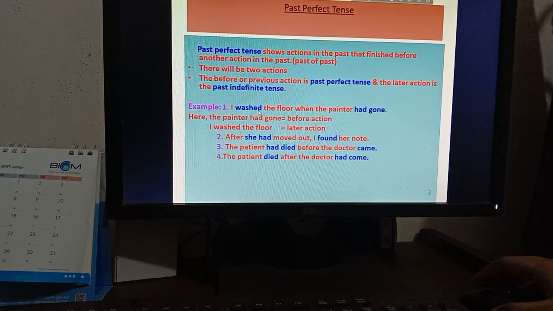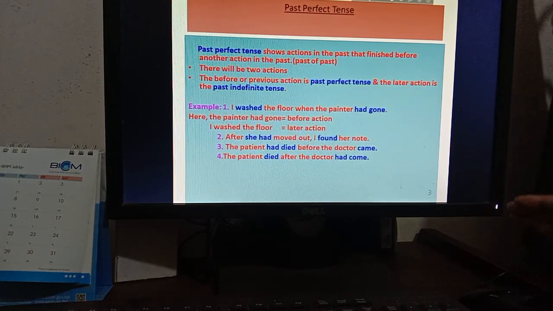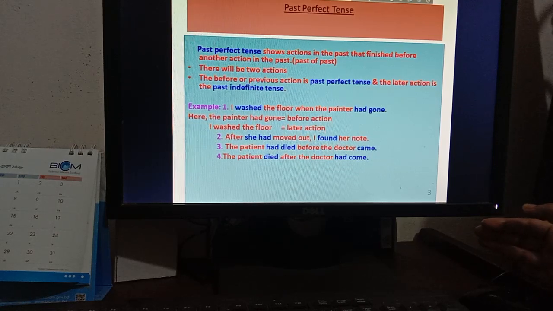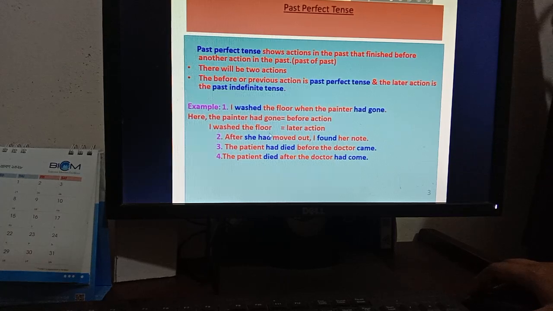So you have to remember that when there are two actions in past tense, the before action would be the past perfect tense and the later action would be the past indefinite tense. Okay, so here the painter had gone equals before action and I washed the floor equals later action. Now look at example number 2. After she had moved out, I found her note.